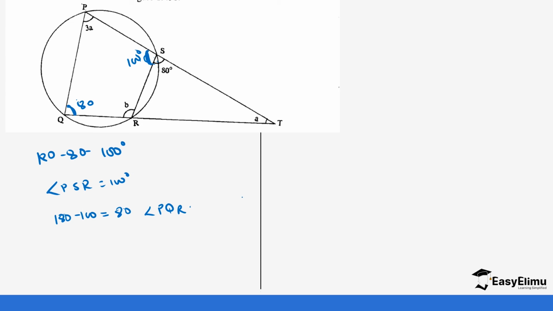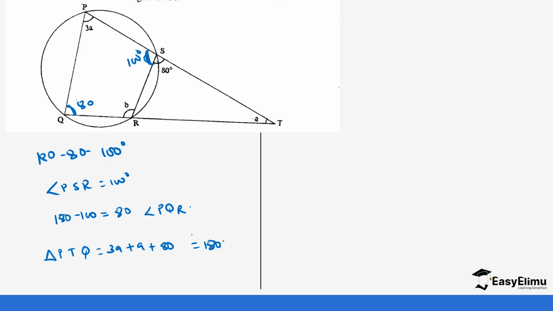So the next thing we need to look for is the value of A. If we look at this larger triangle that we've been given, that is triangle PTQ, all their angles need to add up to 180. So let's take their angles and add them up. So we have 3A plus A plus 80 is supposed to add up to 180.